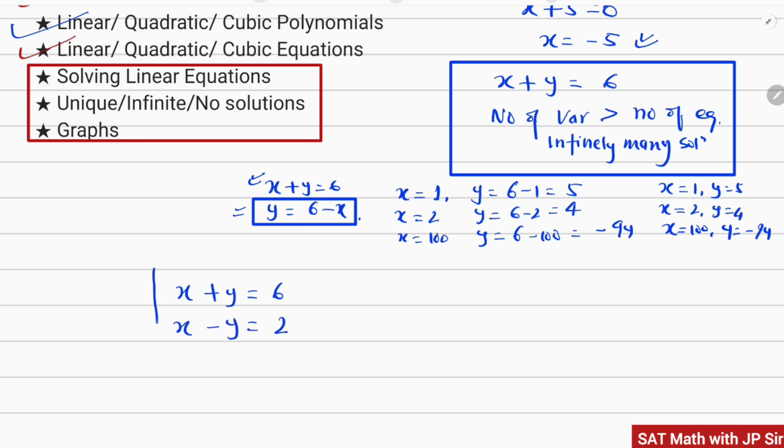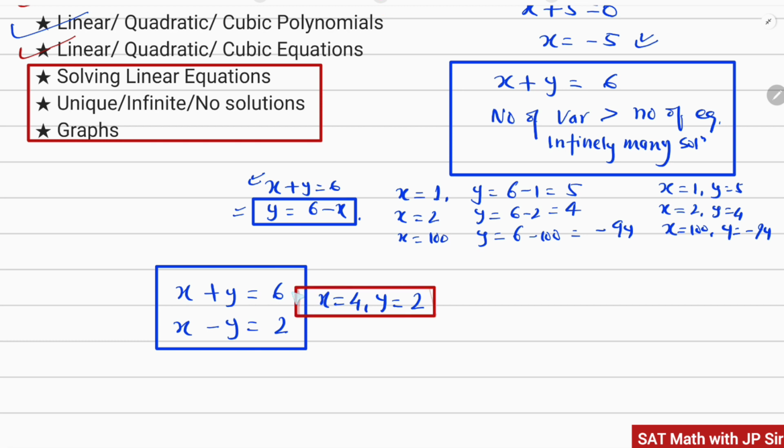If we have these two equations, we can clearly have a unique solution. We will have x equals to 4 and y equals to 2. This is the unique solution of this pair of equations, this system of equations.